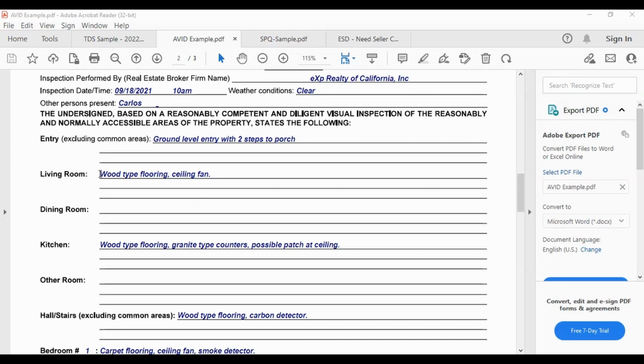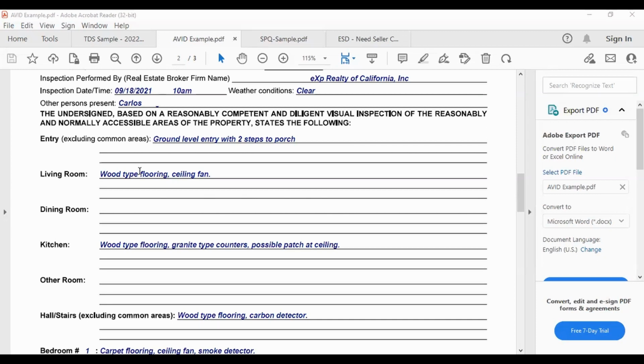So let's say, for example, I walk into a living room. I don't see any holes in the wall, any stains in the ceiling, any cracked tiles on the floor or ripped carpet or anything like that. So I'll just describe some characteristics of the room to show that I've been there. I may say wood type flooring, and that's important right there. I don't say wood flooring or anything specific.